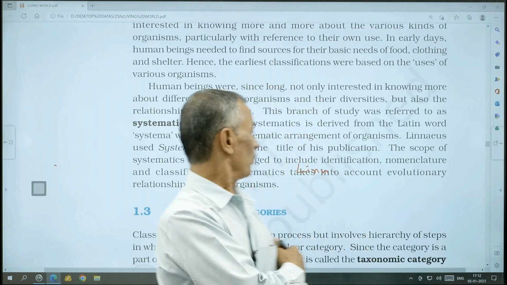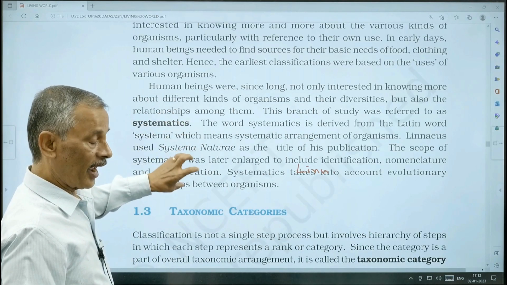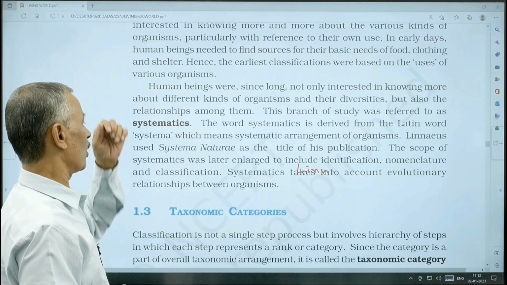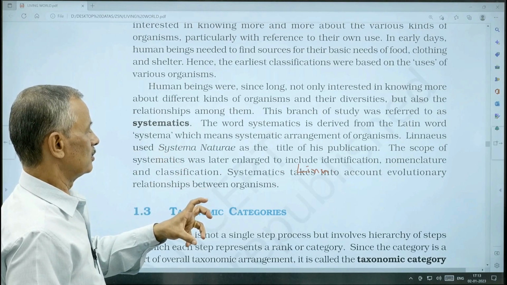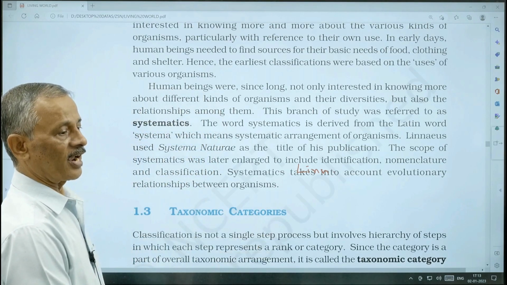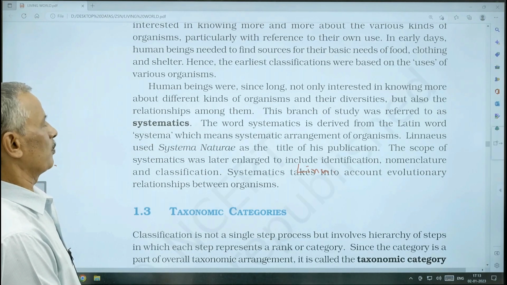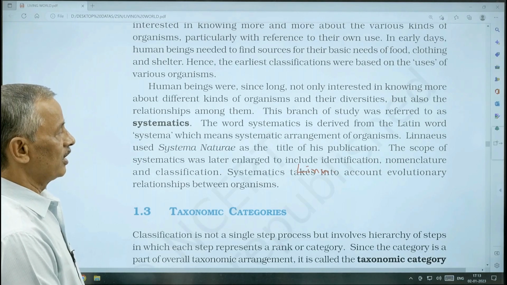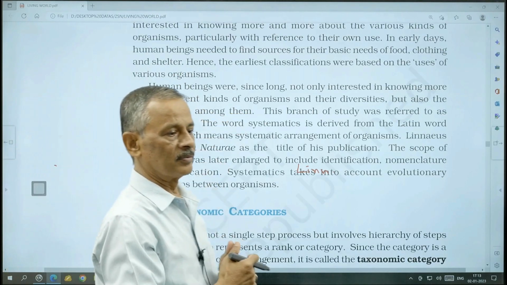Okay, so that is the meaning of species. And species is the smallest unit of classification. Each unit is called a taxon. There are 7 taxa, plural. And these taxa are arranged one above the other.